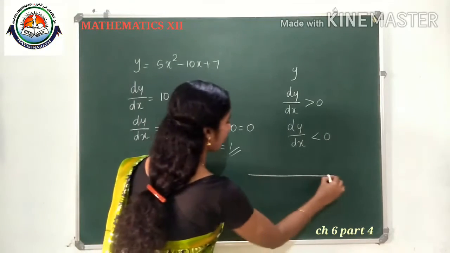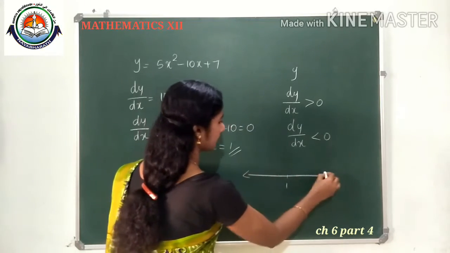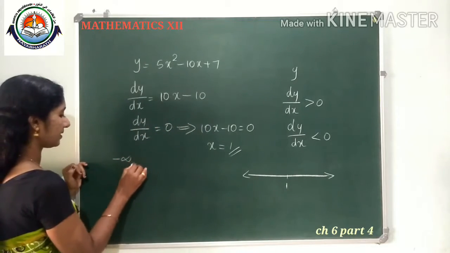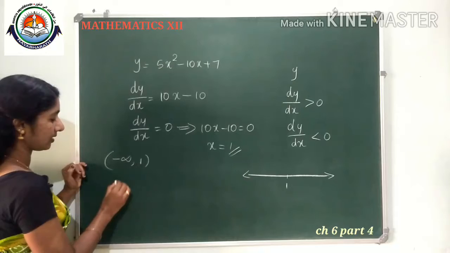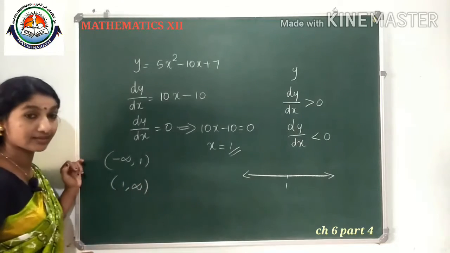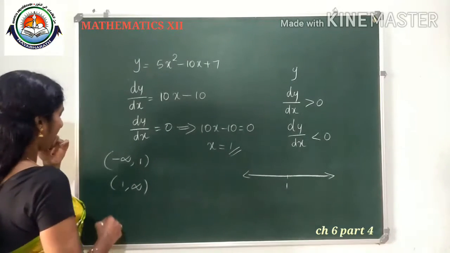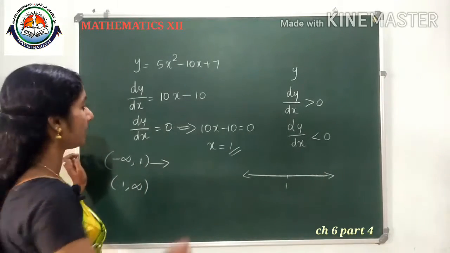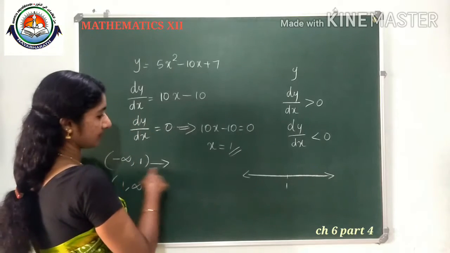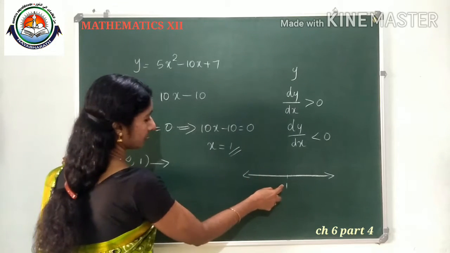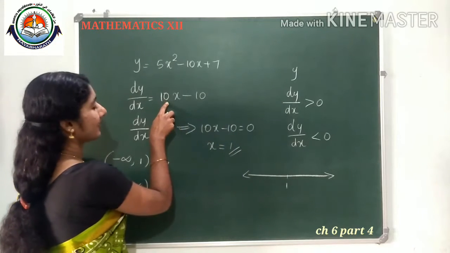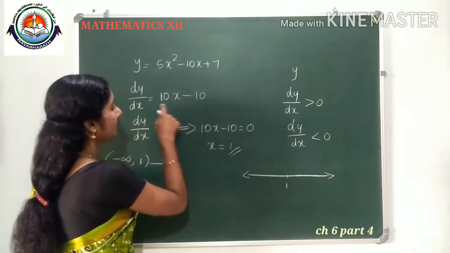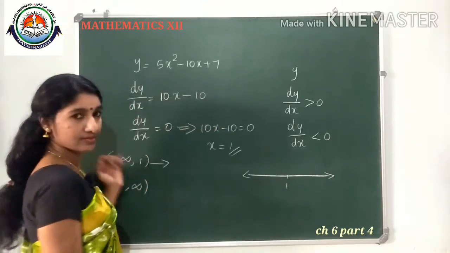That means this x equal to 1 divides the real line into two intervals. The intervals are minus infinity to 1 and 1 to infinity. In the interval from minus infinity to 1, what will be the sign of dy by dx?